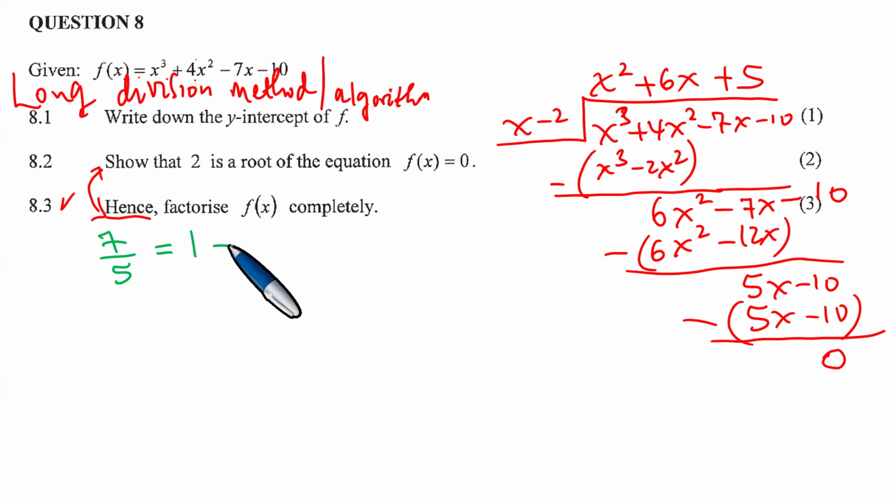It goes once, and the remainder is 2 out of 5. This one is called the quotient, and the 2 is the remainder, because when you divide 7 by 5, 5 goes one time only into 7, leaving a remainder of 2 out of 5.